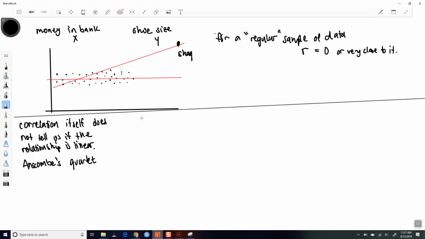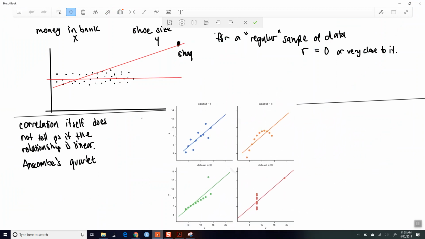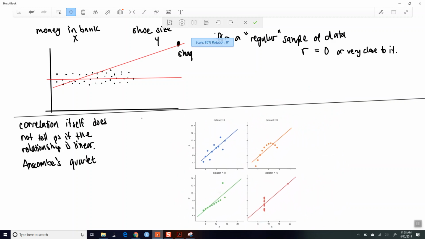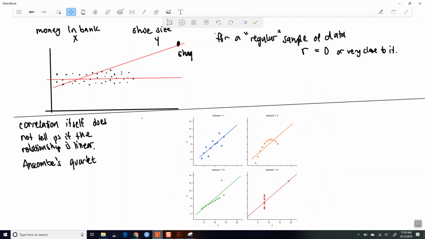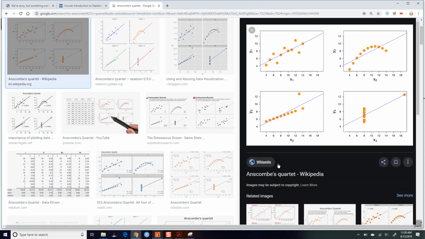I'll put this right here. Okay, so all four plots have the same correlation of something. 0.8, I think. 0.816.